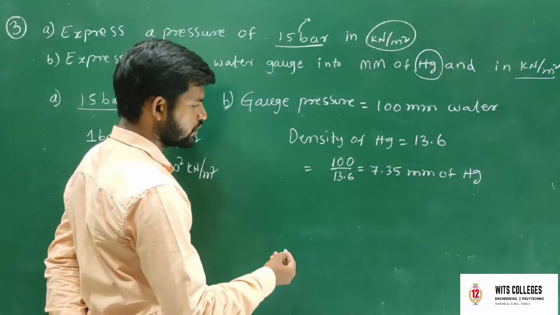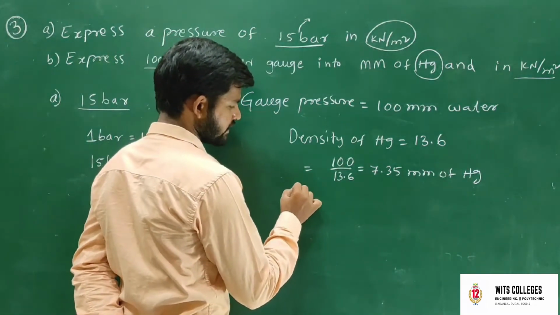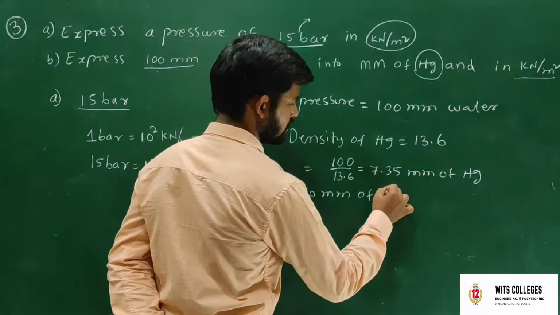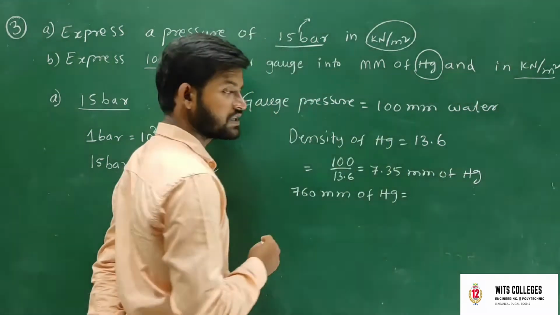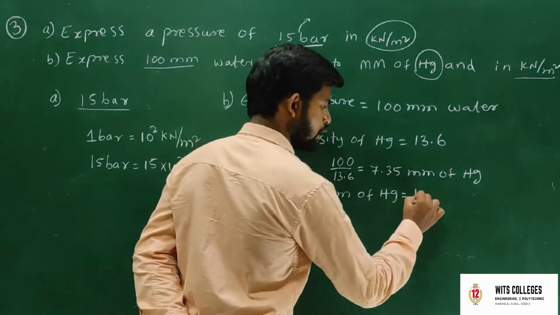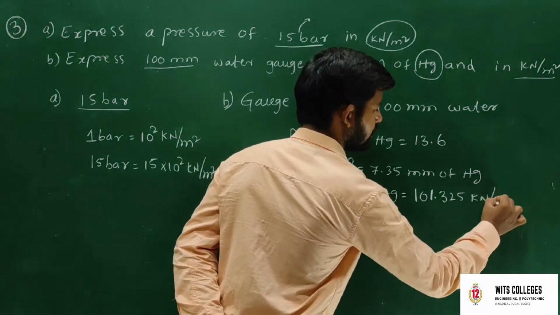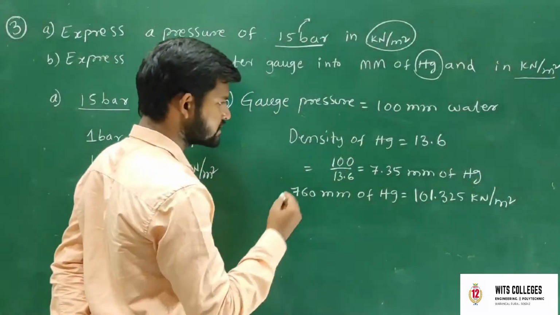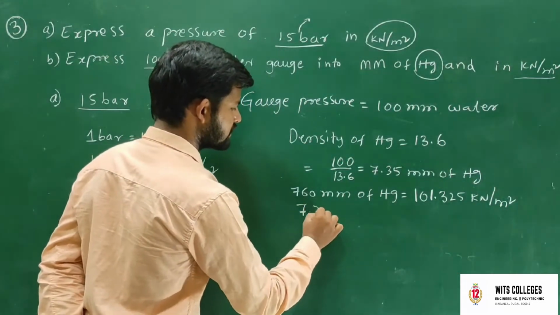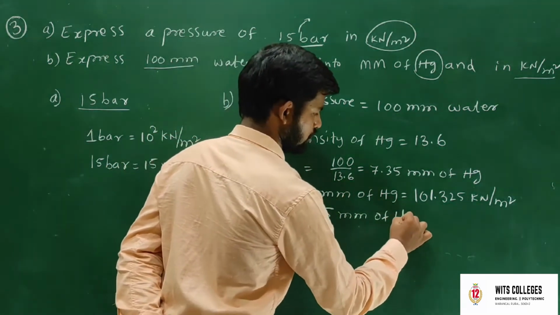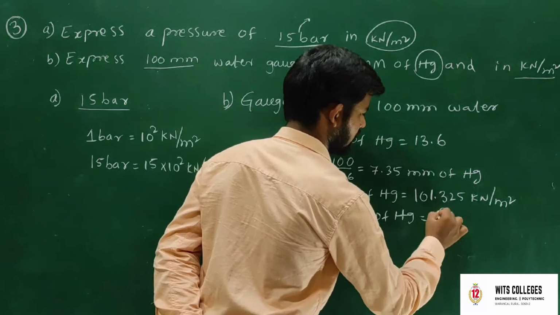Generally we know that 760 mm of Hg equals 101.325 kilonewton per meter square. And 7.35 mm of Hg equals how much kilonewton per meter square?